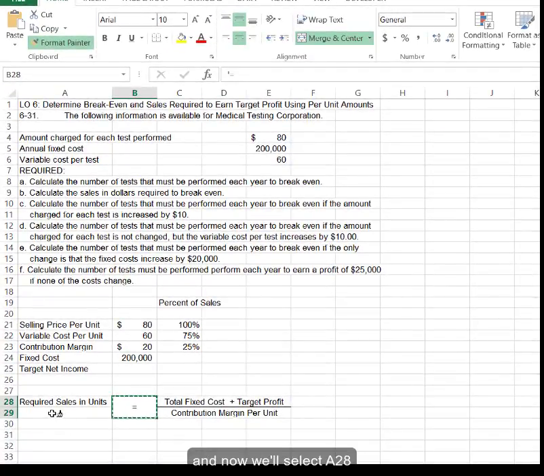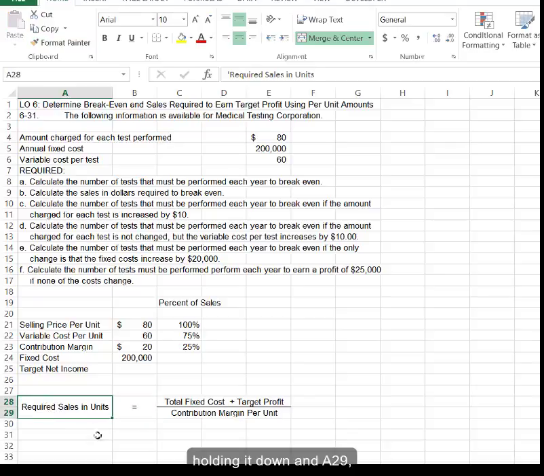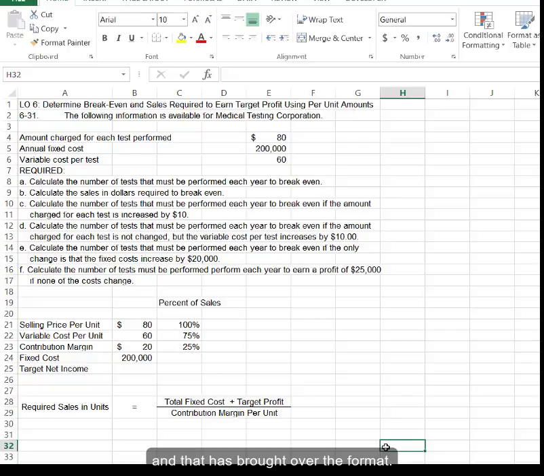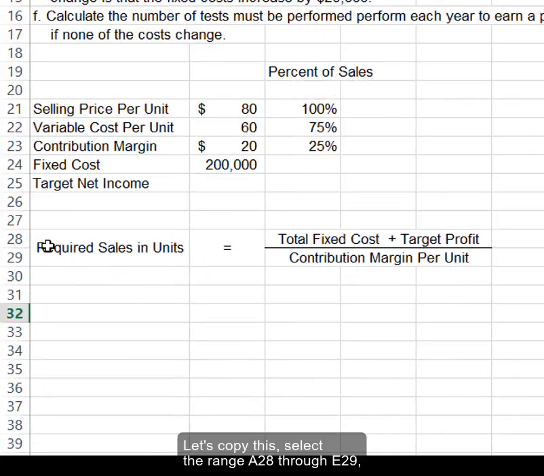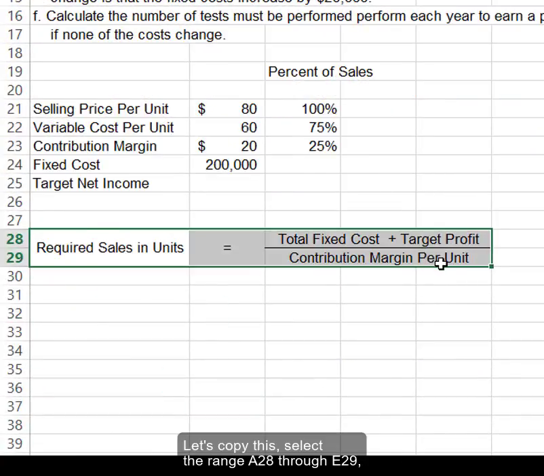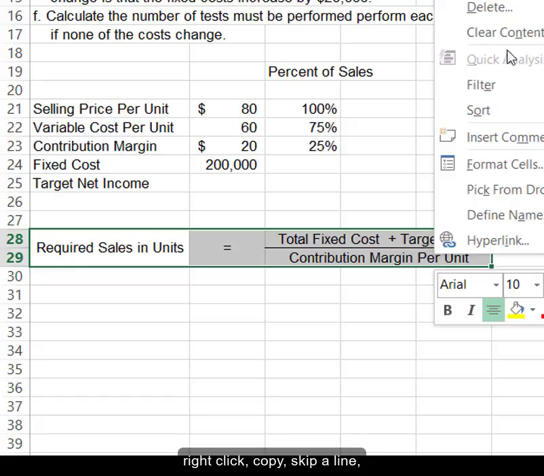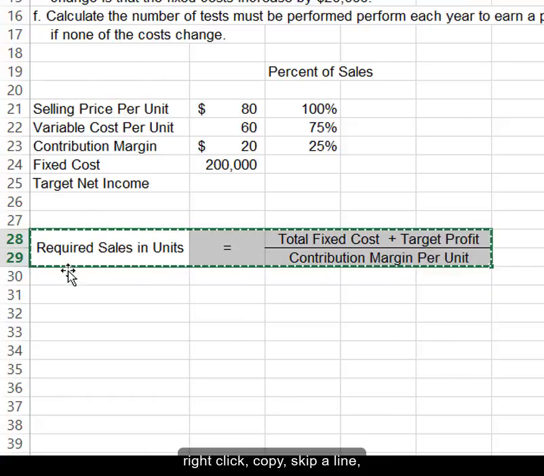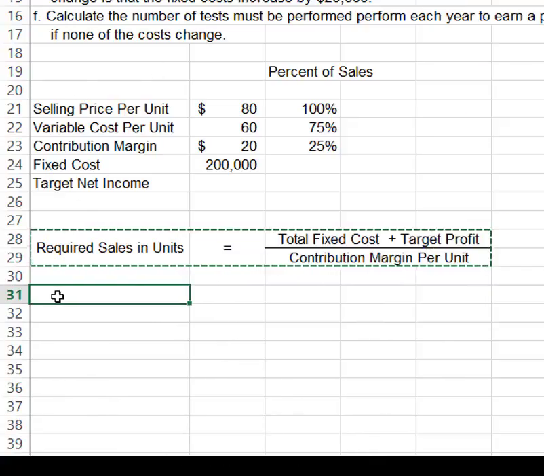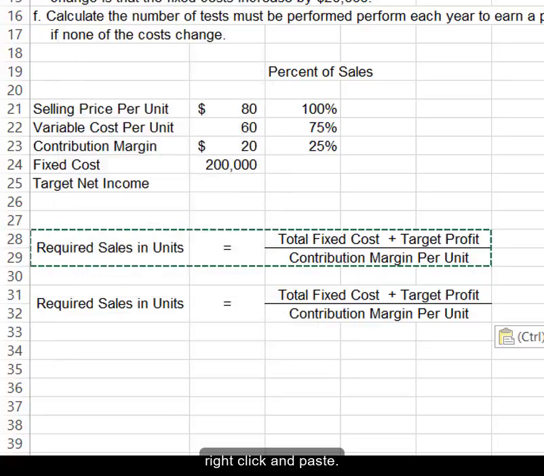And now we'll select A28, holding it down in A29. And that has brought over the format. Let's copy this. Select the range A28 through E29. Right-click, copy, skip a line, right-click, and paste.